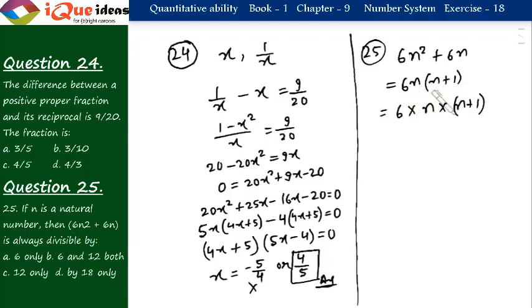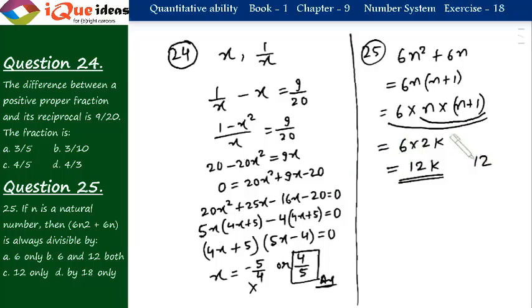So one of them will be an even number, the other one will be an odd number. Now an odd number can be anything, so we can't be sure about it. But the even number is definitely going to be divisible by 2. That means this whole thing is always going to be a multiple of 6 into 2. Hence it is always a multiple of 12. That's the maximum that we can say. So the answer of the question is 12. It is definitely divisible by 12.